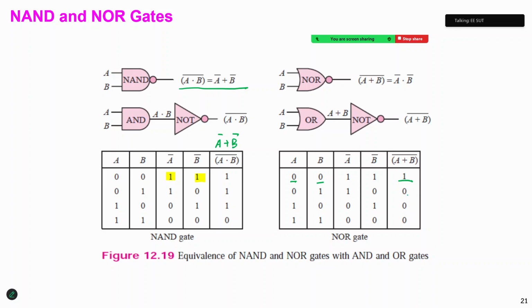The inverse is 0. 1 or 0, we get 1, but the inverse is 0. 1 or 1, we get 1, right? And the inverse is 0, just like this. Okay. So try to solve this table for the remaining for yourself. For example, A bar AND B bar, we get the same value. Okay.